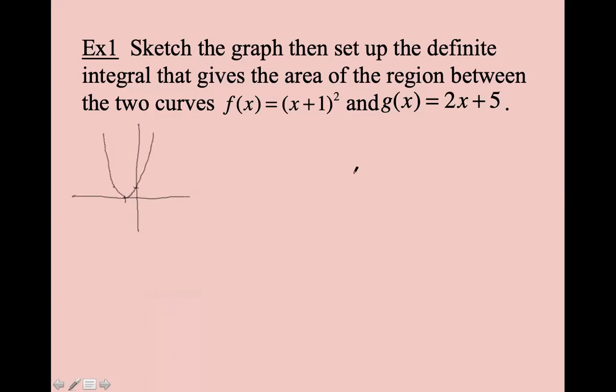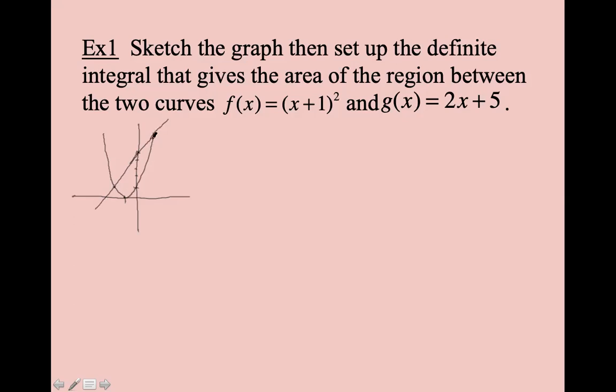And then we have this linear function, y-intercept 5. And the slope is up 2 over 1, or I could go down 2 and 1 to the left. My scale's a little bit off here. All right, so there's our line and our curve.